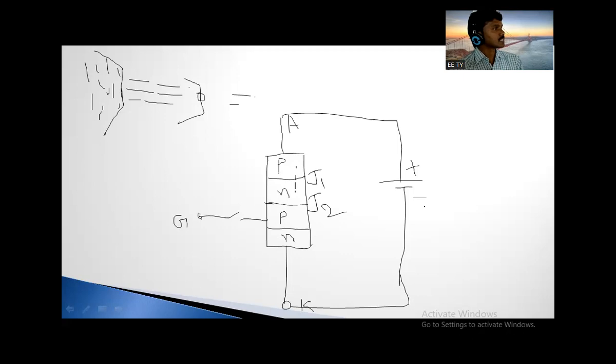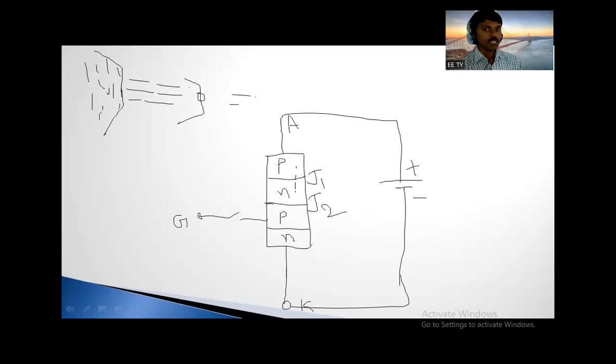So is junction J2 forward biased or reverse biased? Reverse biased. Obviously it will become reverse biased. So is there any chance for current to flow from this N-type material to the P-type material? There is no chance.